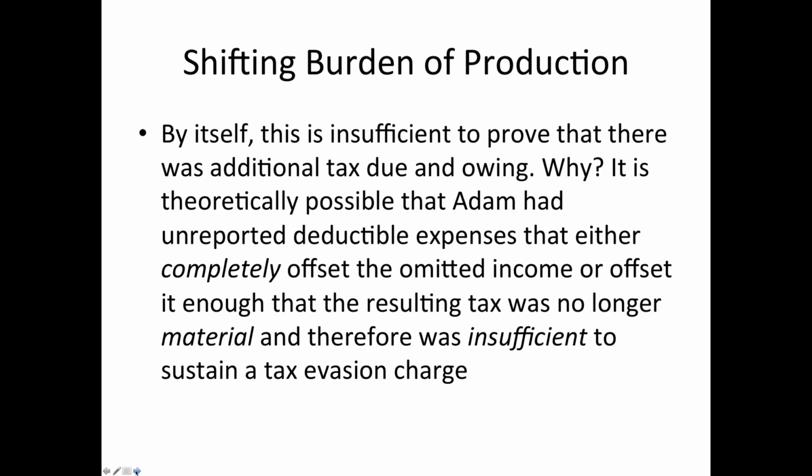If the deductions were enough to offset the unreported gross income, then it's possible that the assistant U.S. attorney might drop the case altogether because the amount of tax due and owing isn't enough to bring the case forward to trial, and it would be considered in some cases a waste of very precious resources to prosecute a taxpayer defendant who, at the end of the day, only owes a deficiency of, say, $20,000, $25,000.